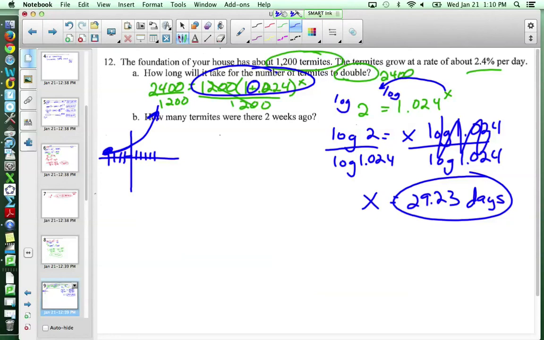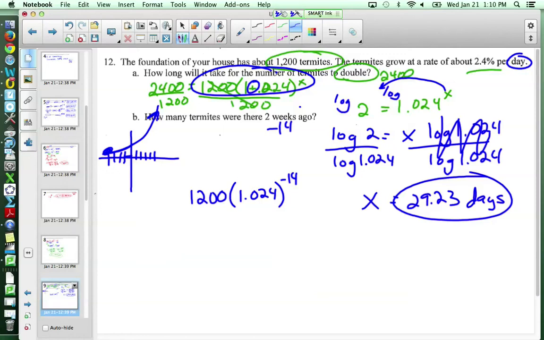So we still need the 1,200 times the 1.024. But now instead of going forward in time, we're going backward in time. So we need a negative exponent. And 2 weeks ago, remember we're in days, so the exponent needs to be negative 14. 1,200 times 1.024 to the negative 14th power.